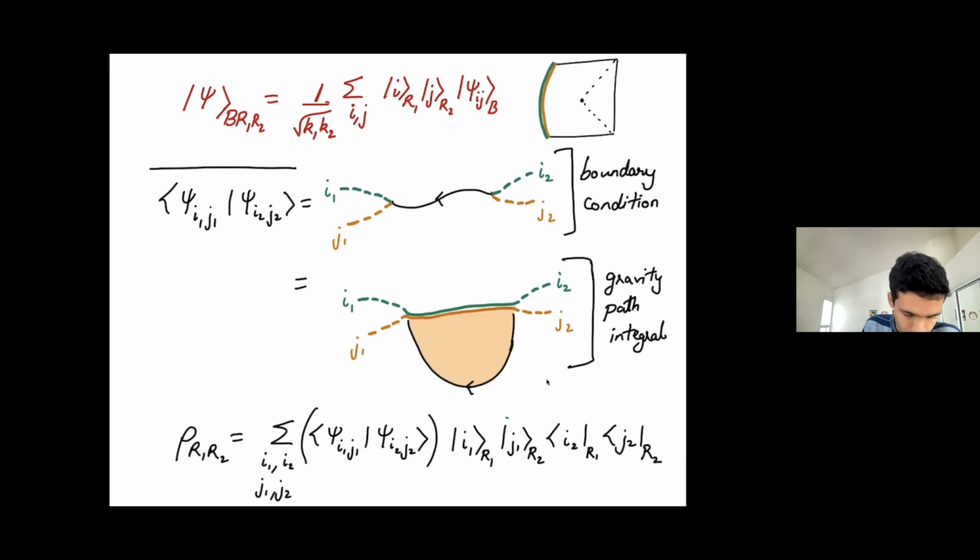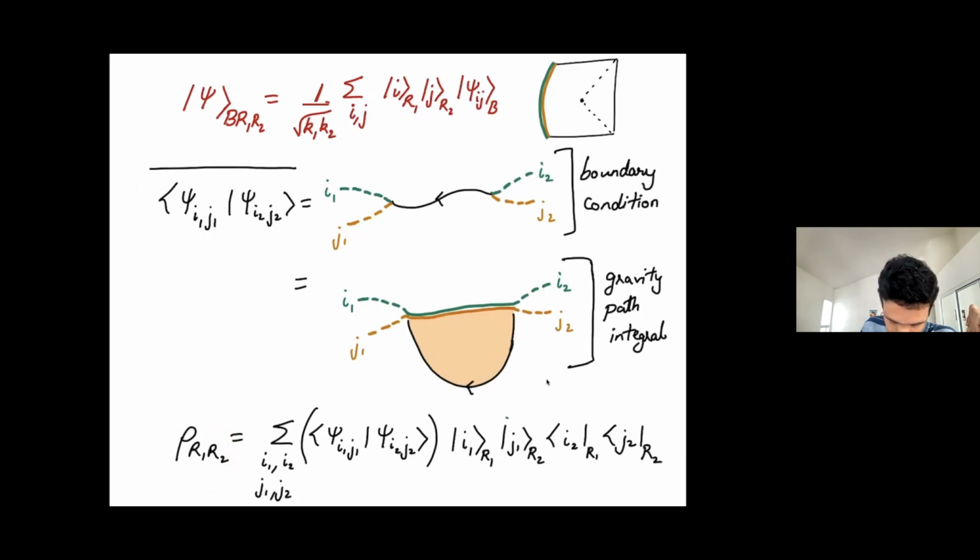Now we'd like to compute the reflected entropy of R1 and R2. So we can think of R1 as A and R2 as B, and we want to compute the reflected entropy between them. The first step is to look at the density matrix. The density matrix on R1 and R2 is given by just using this formula.